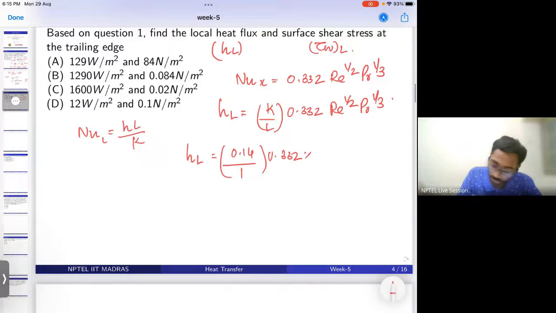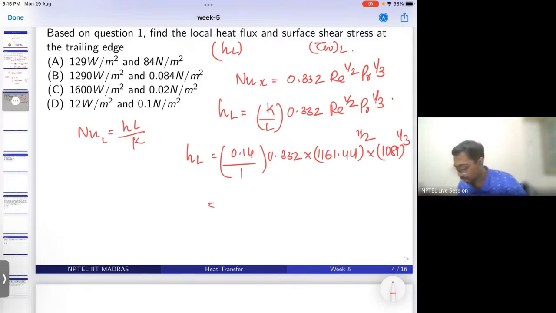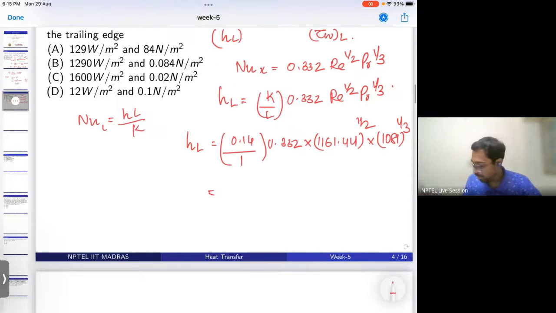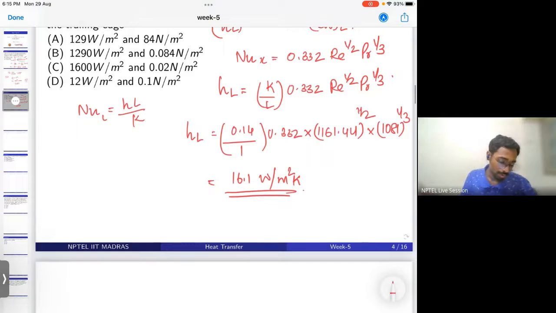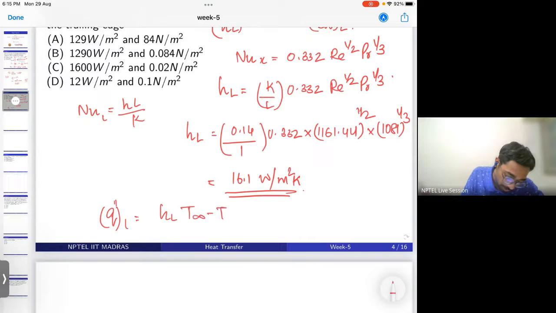0.332. Reynolds number we already found, which is 1161.44 raised to half. Prandtl number is given. Okay. If you calculate this, you will get the answer as 16.1 watts per meter square Kelvin. So what is heat flux? Heat flux at L is equal to HL into T infinity minus T surface.